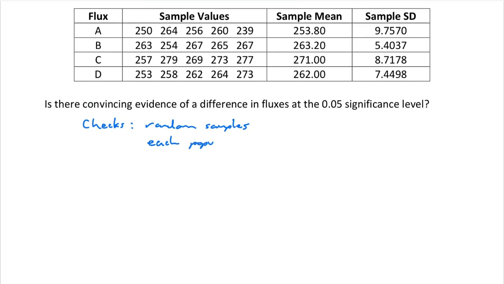So each population is approximately normal. And again, we have a balanced situation here, and so that tells us that our populations have the same variance.